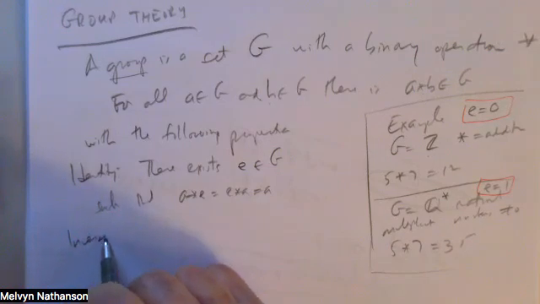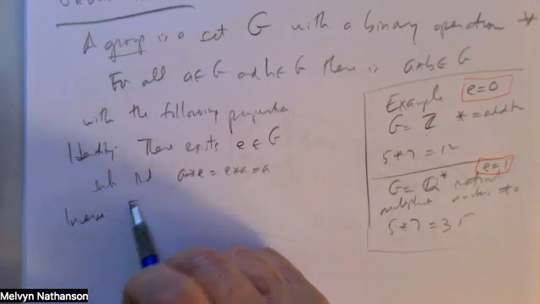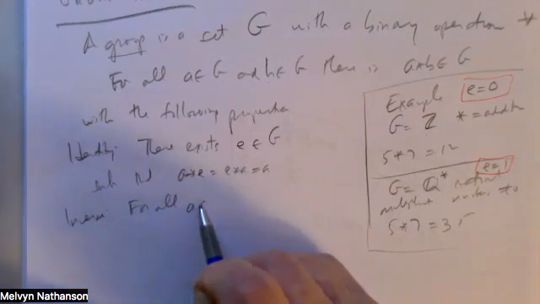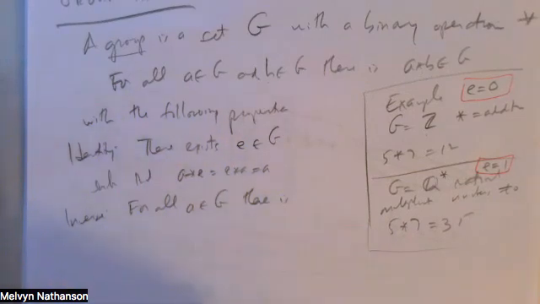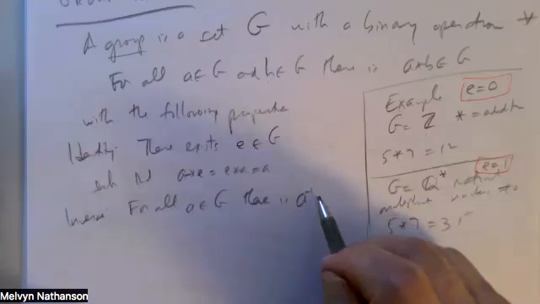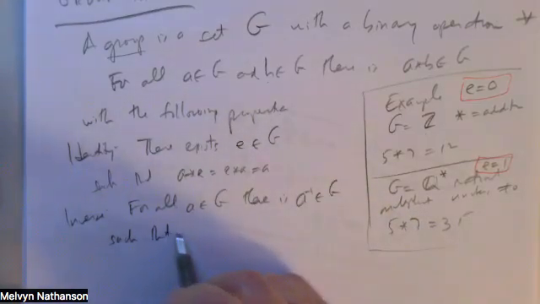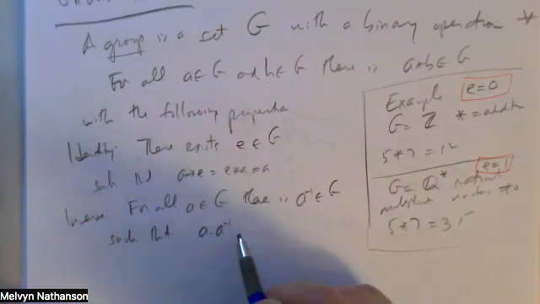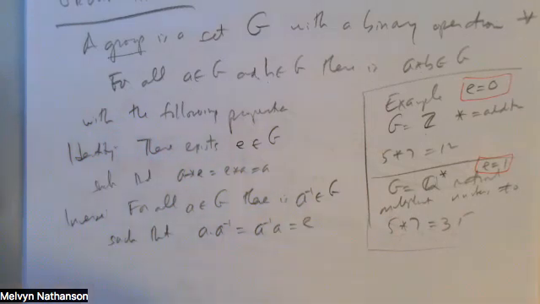Second, every element has to have an inverse. That means for all A in the group, there is another element, we'll write it as A to the minus 1, in the group, such that when you multiply A times A inverse, or in the opposite order, A inverse times A, you get the identity.